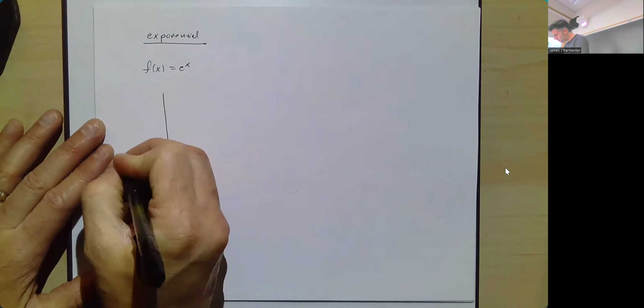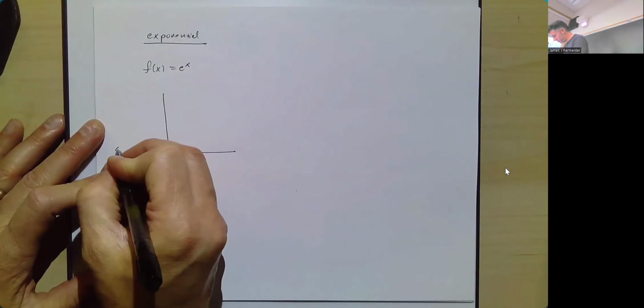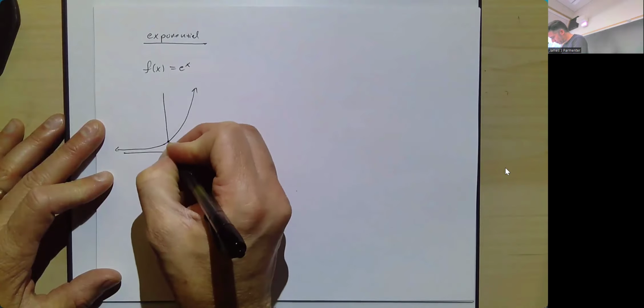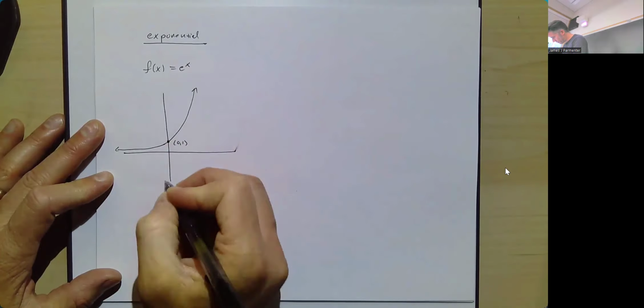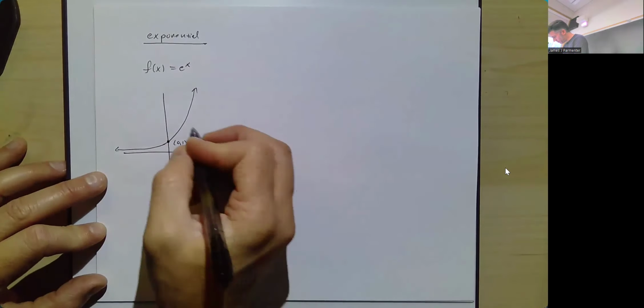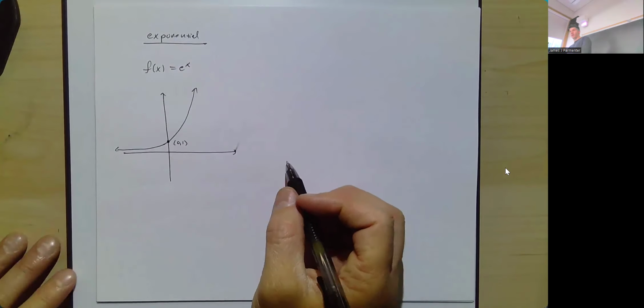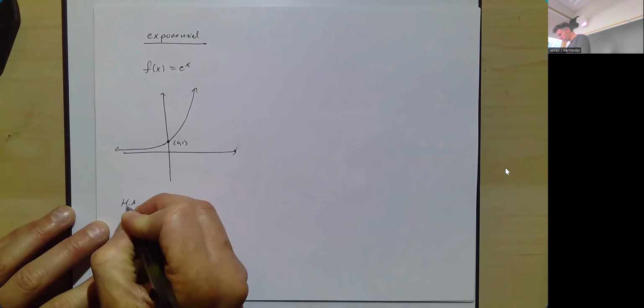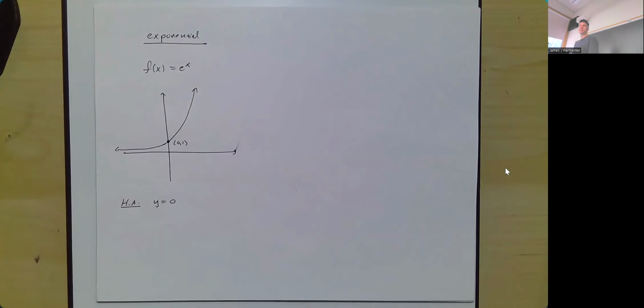Why is it the best? Even though you can't quite as easily see it because it's on the x-axis, we do have a horizontal asymptote at y equals 0.